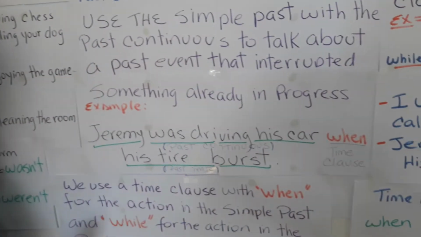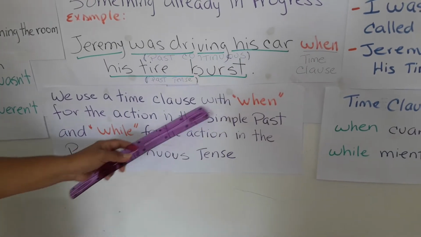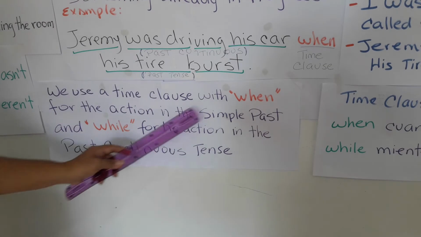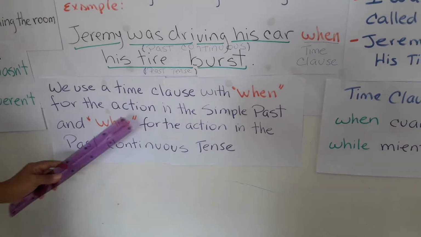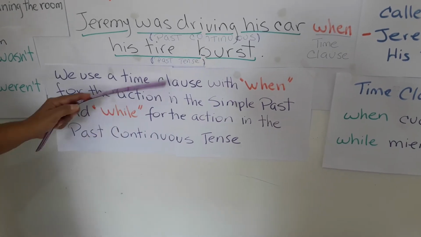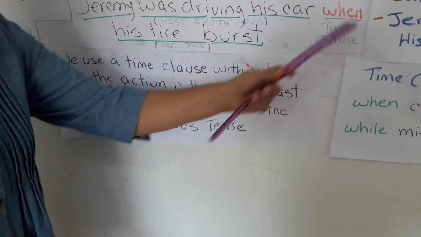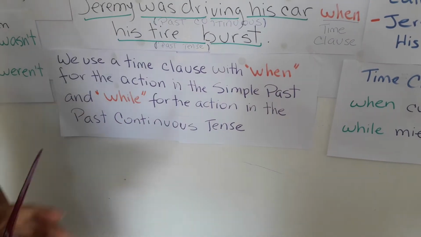Okay, and we have the past simple tense. Now, let's go here. We use a time clause with when for the action in the simple past and while for the action in the past continuous tense. That is the part that we have to be careful with. When is in the middle and while is going to be at the beginning.